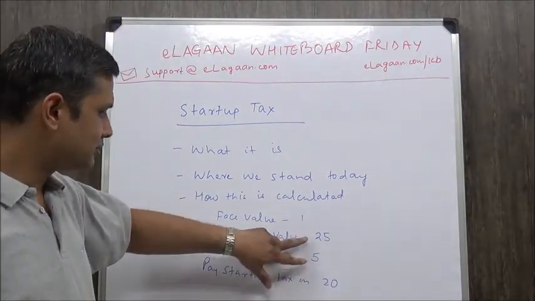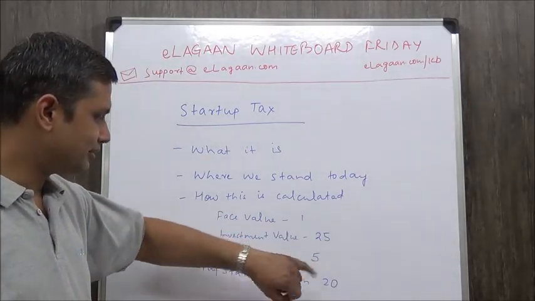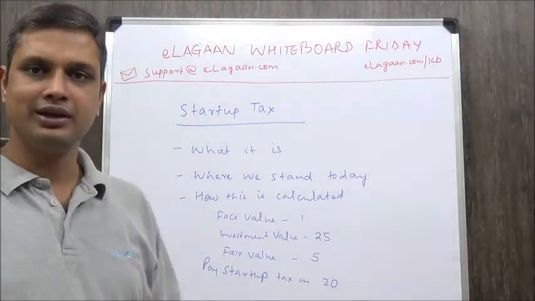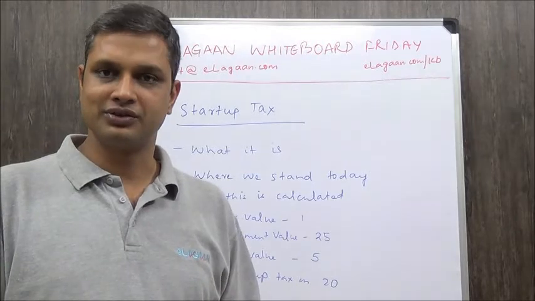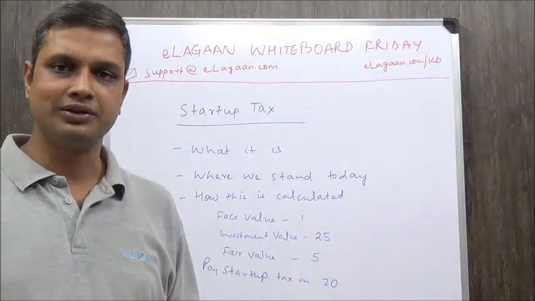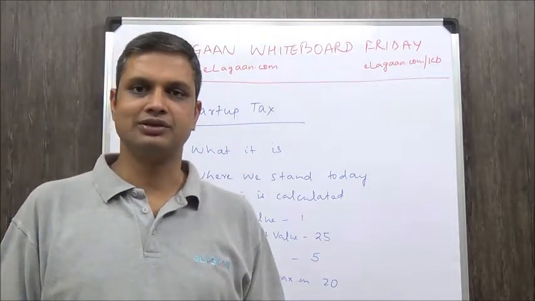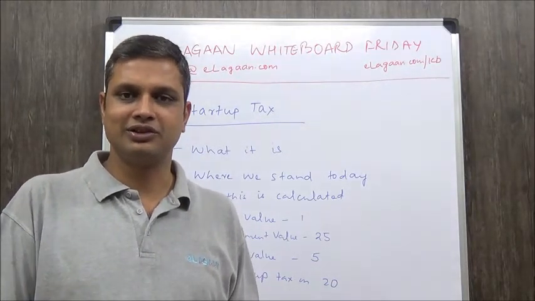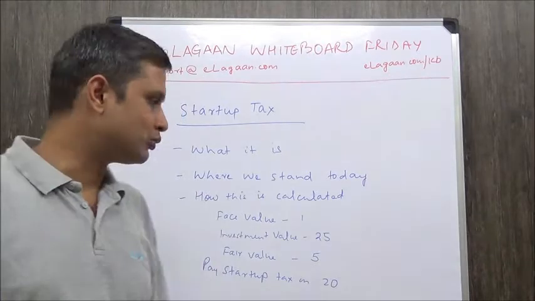The difference between the investment value 25 and ₹5, that is ₹20, is called profit for the business. And that goes into income from other sources, which is not a profit from business, but an income which is treated as an income. That is what the proposal is.